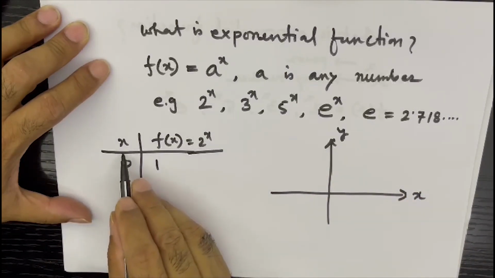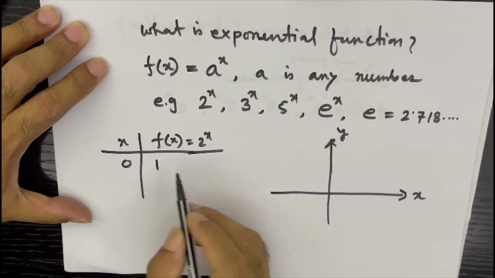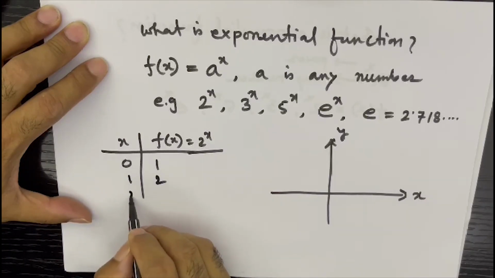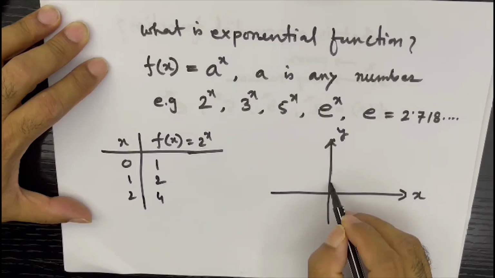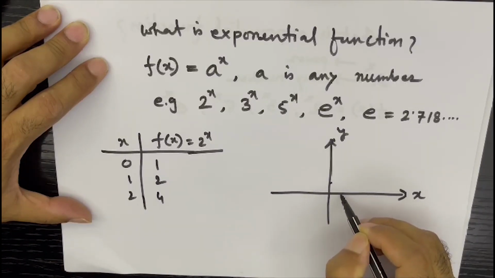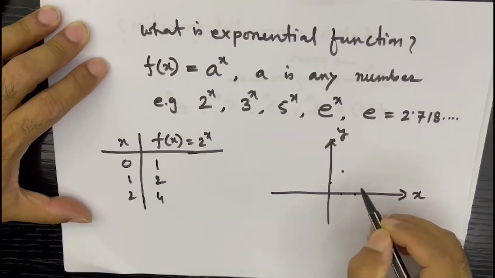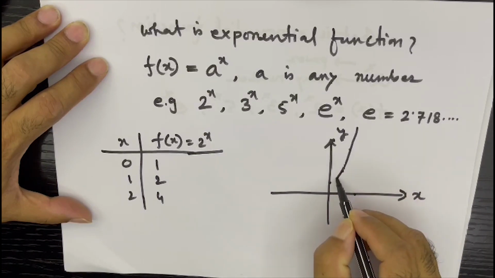If we put x equals 0, then 2 to the power 0 is 1. If x equals 1, that is 2. If x equals 2, it will be 4. That means the function will start here, and the graph will go here. And this is 1.